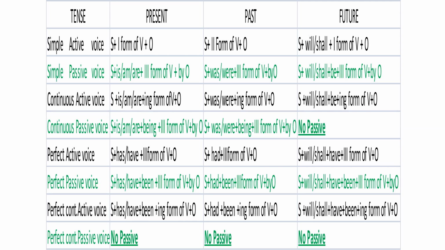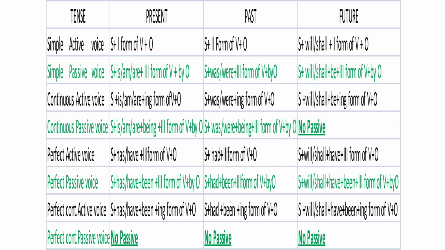Past continuous will have subject plus was/were plus being plus third form of verb plus by object. Past perfect will be subject plus had plus been plus third form of verb plus by object. Again, past perfect continuous cannot be changed into passive voice.